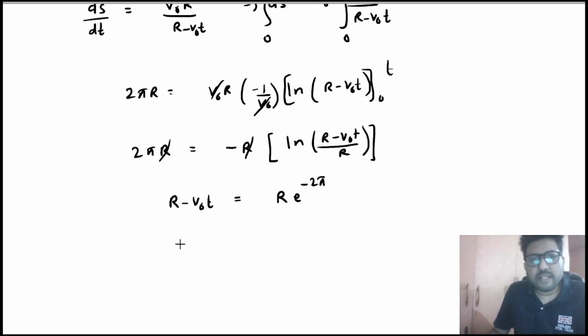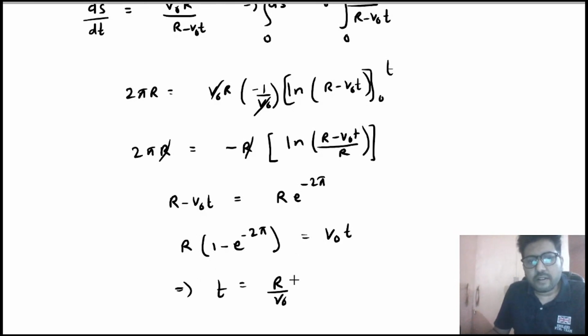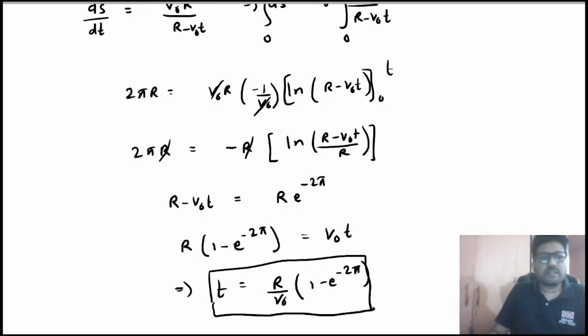So from this you will get r common, 1 minus e power minus 2 pi is equal to v naught t. So from this you will get t is equal to r by v naught (1 minus e power minus 2 pi). So this is the time after which the particle will complete one revolution.